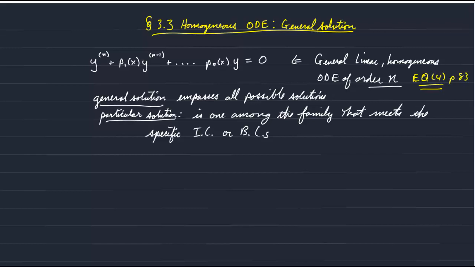Right, so the particular solution will have a particular value for the integration constants, and those values will meet the initial condition or the boundary conditions or both. So these are some general aspects to remember about the general ODE and its solutions.